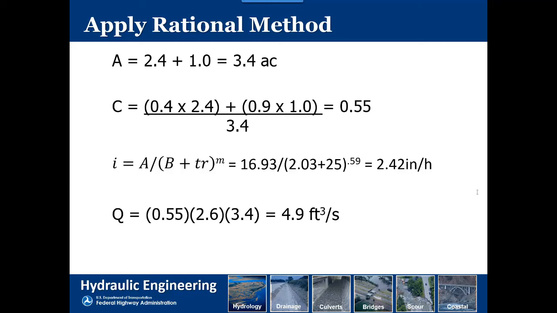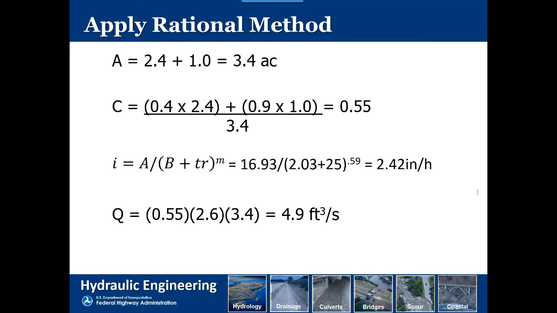And so our Q then is CIA. Our C is 0.55, our I we just figured out should be 2.42, times 3.4. If you put the correct number in there, what do you get? Anybody? 4.5, right? 4.5. So I might change that. Another little mistake.